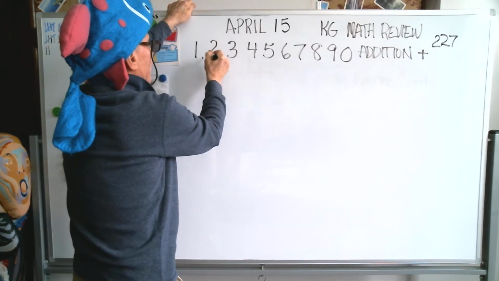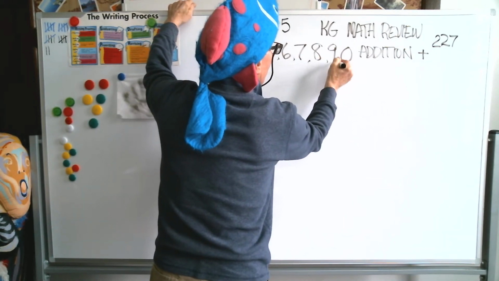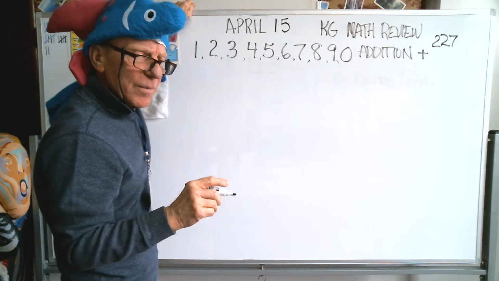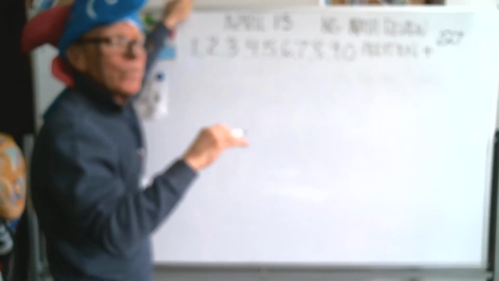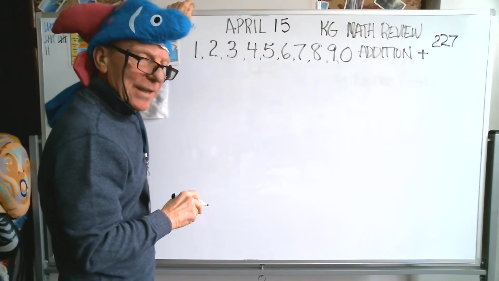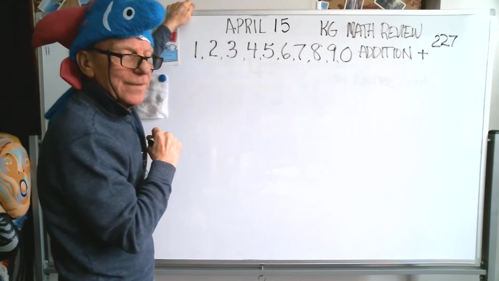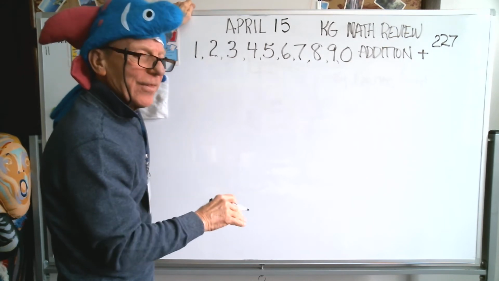Those are all the numbers, and they all have a value except one of them. One of those numbers has no value at all. It's equal to nothing. And you know what that number is? 0. Zip, zilch, nada, nothing.